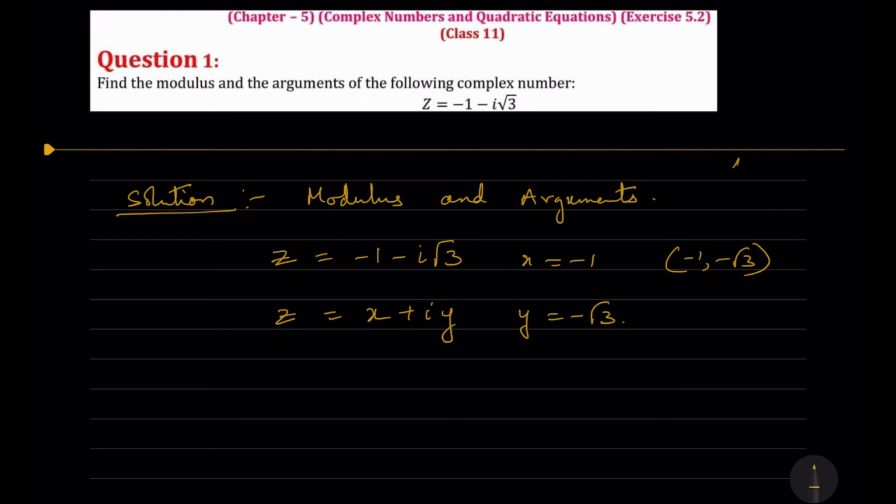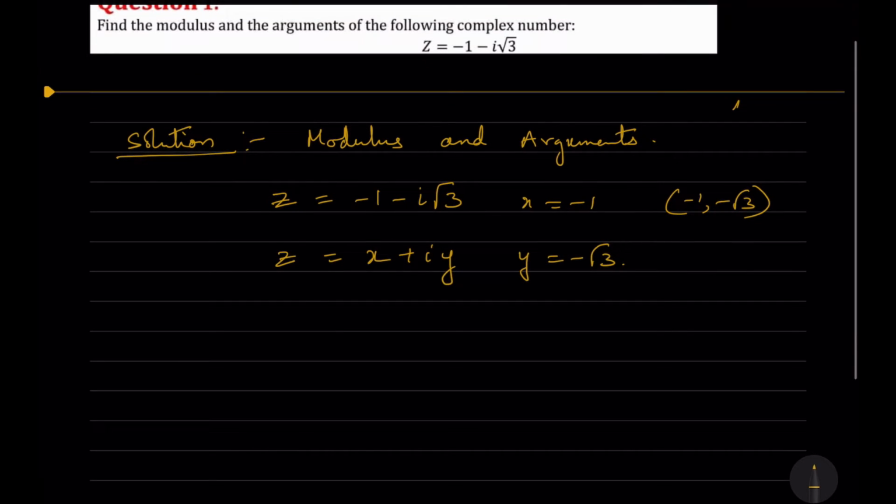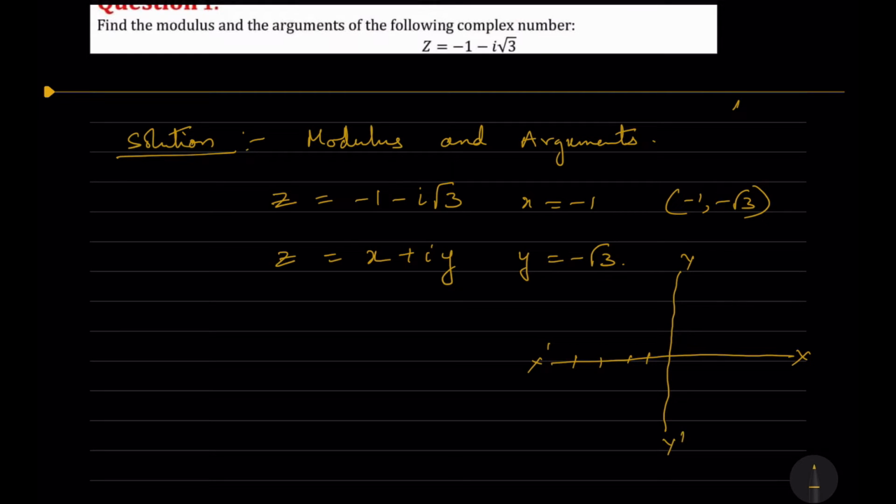Now if you represent this on the Cartesian plane, it is actually represented on the Argand plane because it's a complex number. You can see both x and y are negative, so this lies in the quadrant with negative values of x and negative values of y.